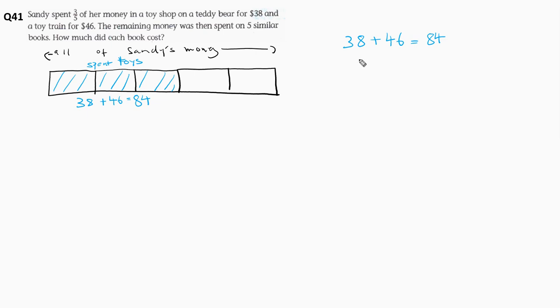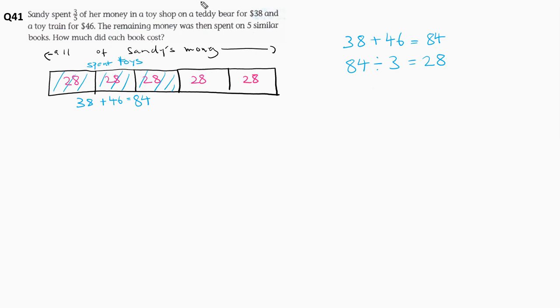So if we divide 84 by 3, we'll get the value of each of these parts. 84 divided by 3 is 28, and that means that this has a value of 28, this is 28, this is 28, and this is also 28. This money hasn't been spent on toys, but it's the same value part, 28 and 28.